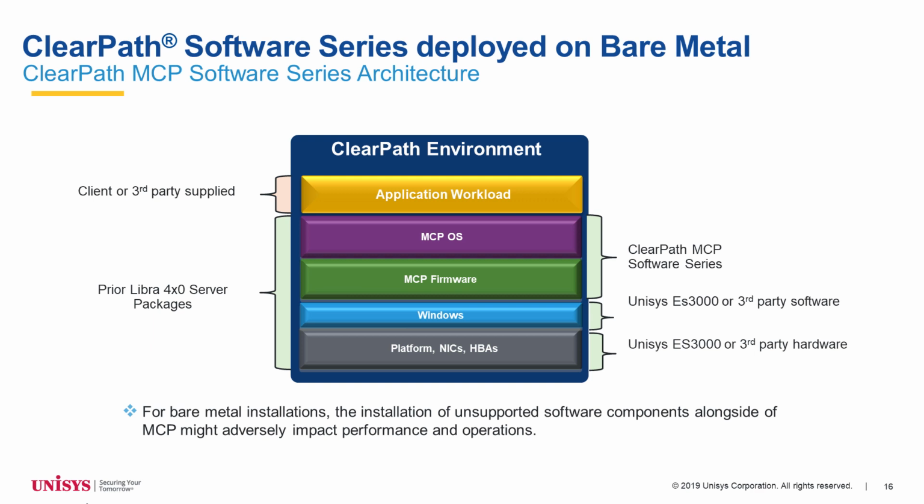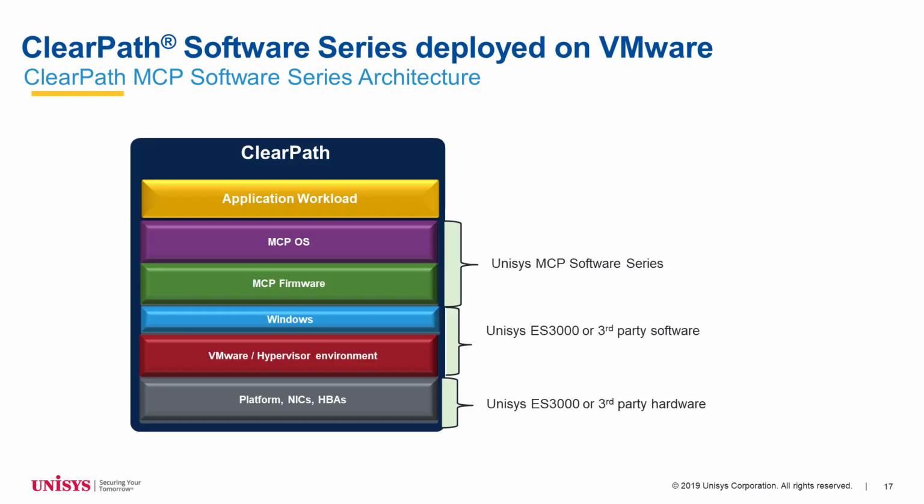But we do make recommendations of the types of server and the performance of the server that you might want to consider. You can run it on different servers, but in order to get the performance that we've seen in our testing, we do have recommendations for you. So we would encourage you to work with your Unisys representative to determine what is appropriate for your environment.